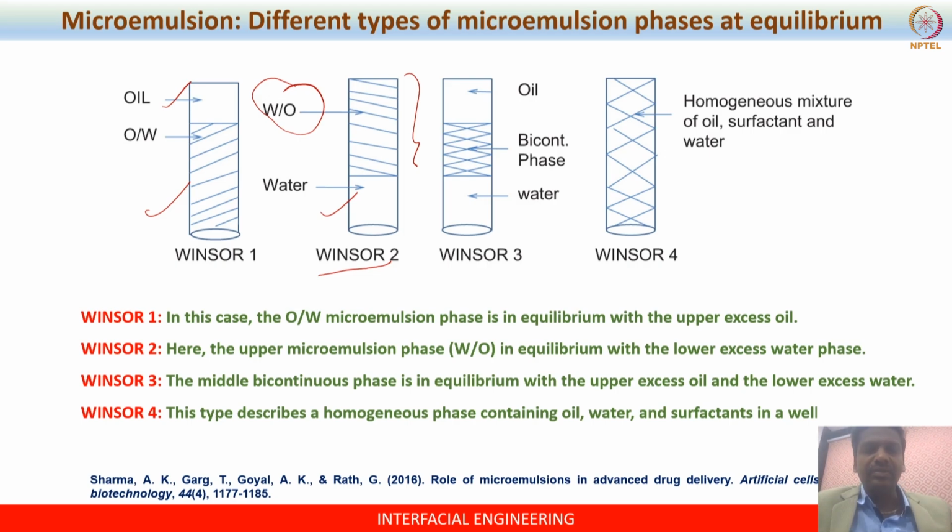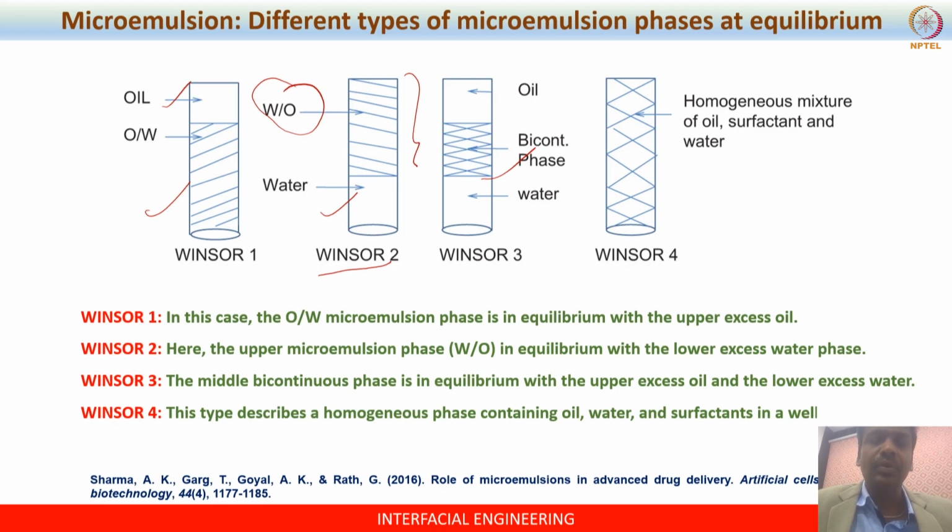Now we talk about Winsor 3. In this case, you would get both oil and water as excess phases. Sometimes when you deal with emulsions, instead of getting emulsion droplets, one may end up getting a bicontinuous or co-continuous structure, which is basically a network structure.